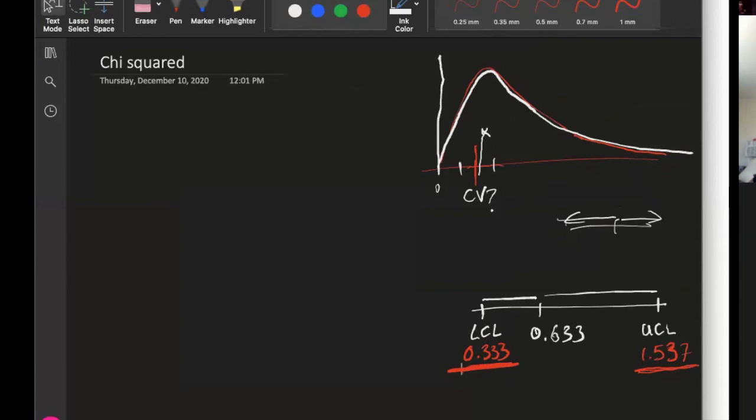And that is why in the previous question we were rejecting the alternative hypothesis, even though our sample variance was 0.63333, which is below one cubic centimeter.